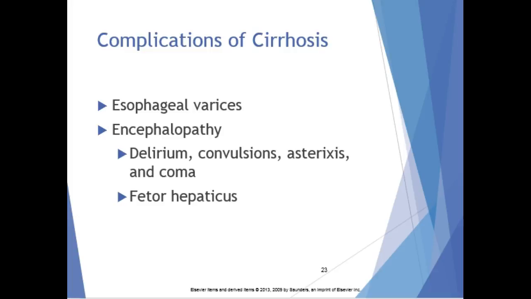Can be treated with upper endoscopy. They may be able to clip the esophageal varices, or they may be able to sclerose them if they are bleeding. Another complication is the encephalopathy. Patients may develop delirium, convulsions. They may go into a coma.